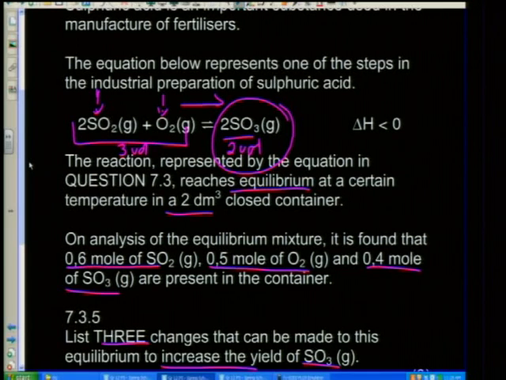Because, guys, apart from in industry, if we were to add a catalyst, the reason we add a catalyst is we want to make more of this, but what does industry do? They remove the SO3. And if they remove the SO3, that will decrease the concentration. If they remove it continuously, they will actually be making more of it.